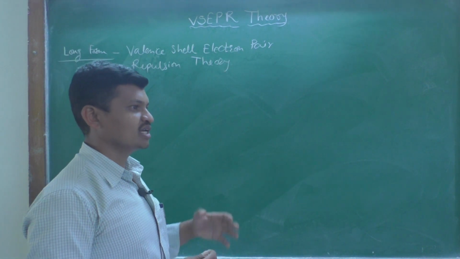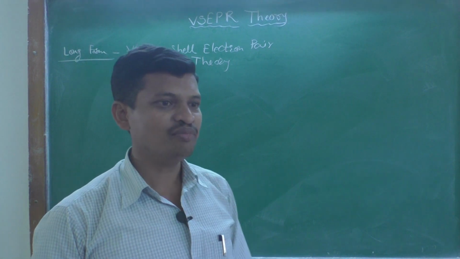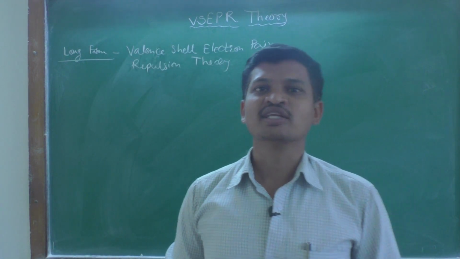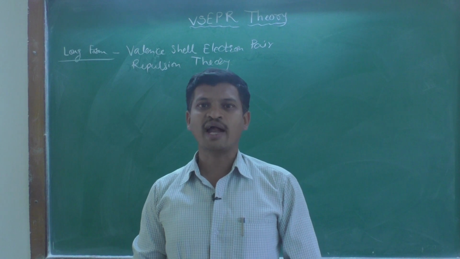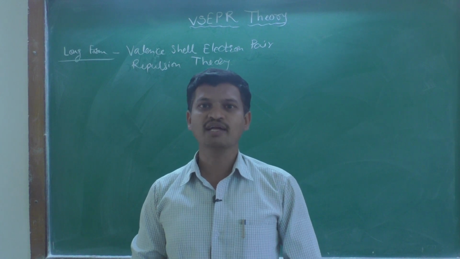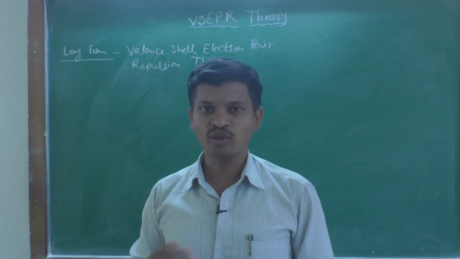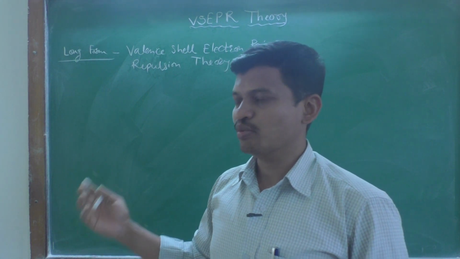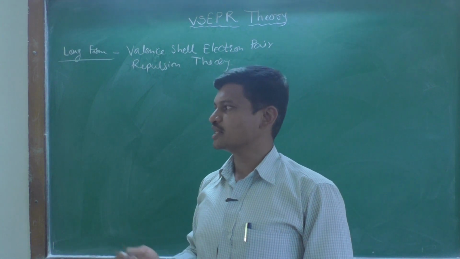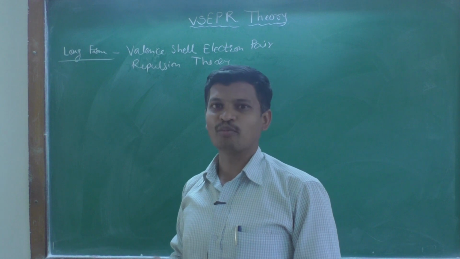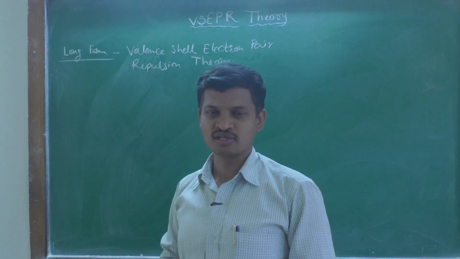Okay, and there was a need at that time to predict the shapes of molecules and the bond angles between the combining atoms in those molecules. On the basis of VBT, we are unable to predict the correct shapes and bond angles of some molecules.